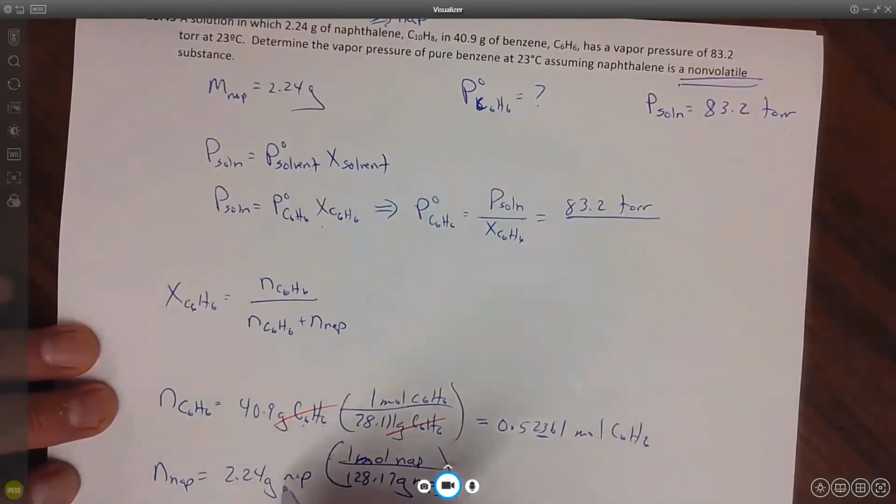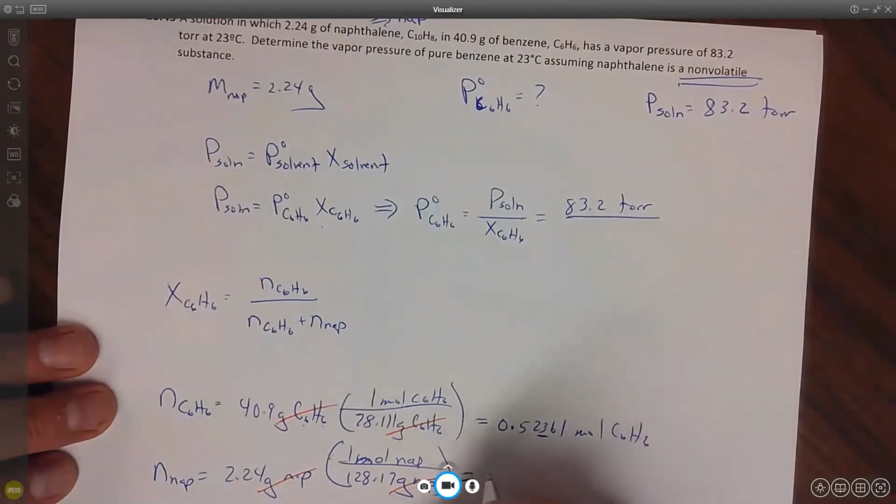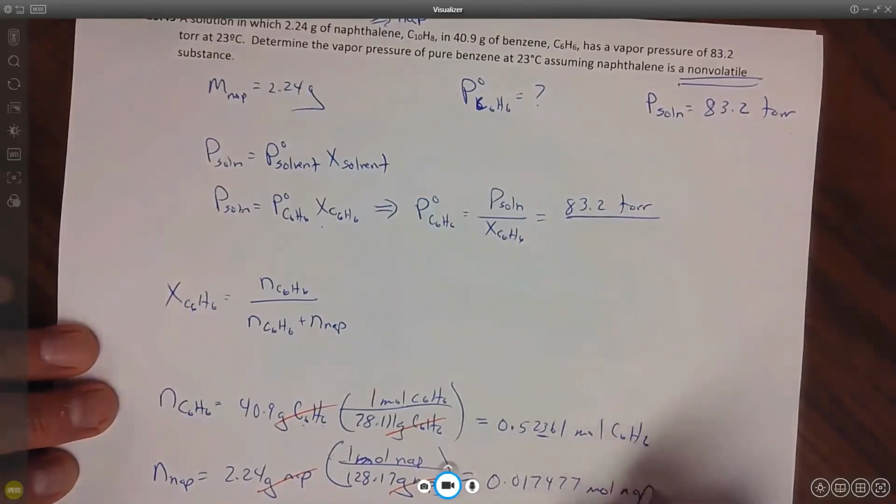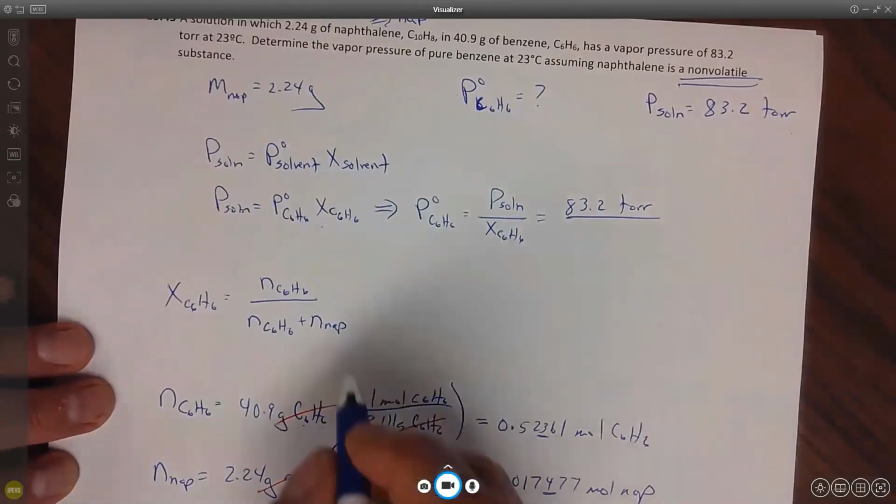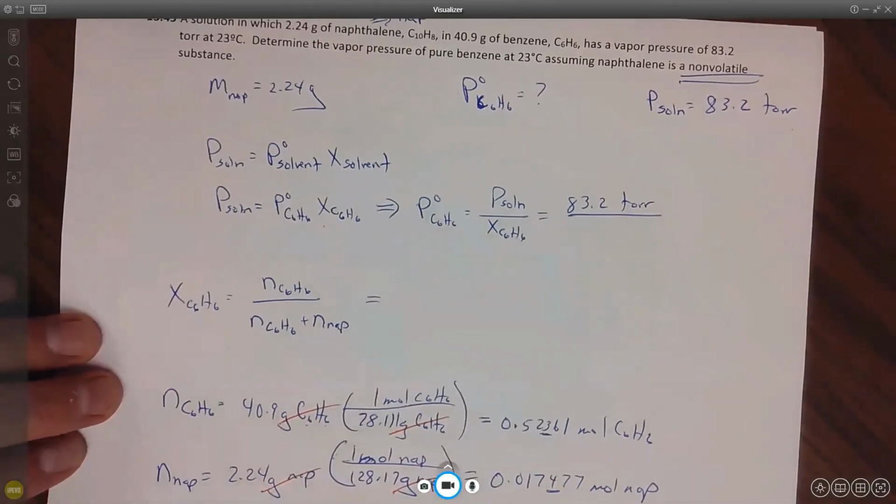The grams of naphthalene cancel, and that gives you 0.017477 moles of naphthalene, 3 sig figs.